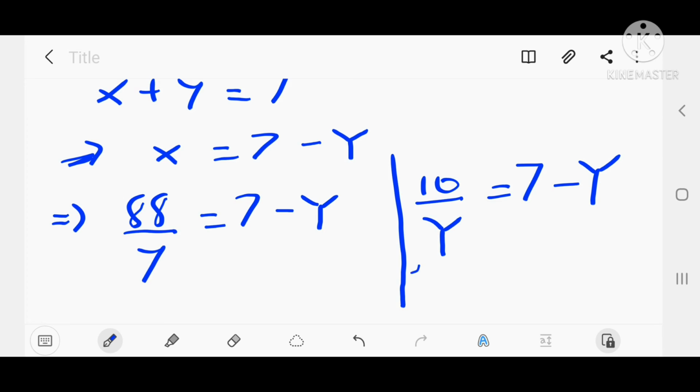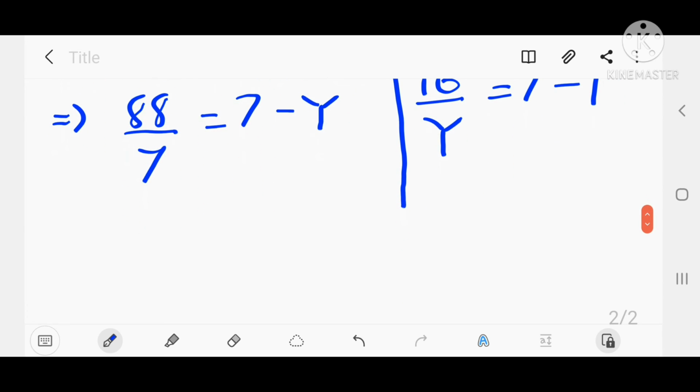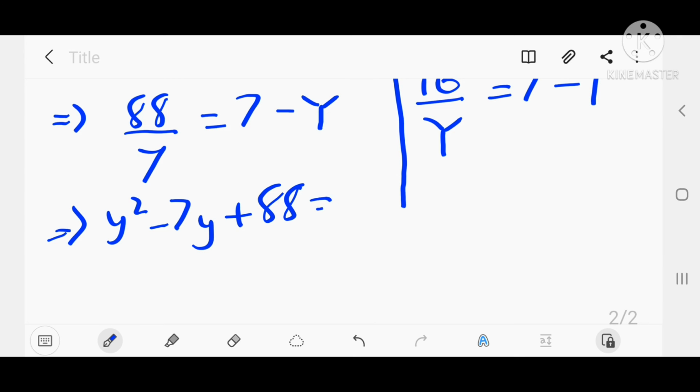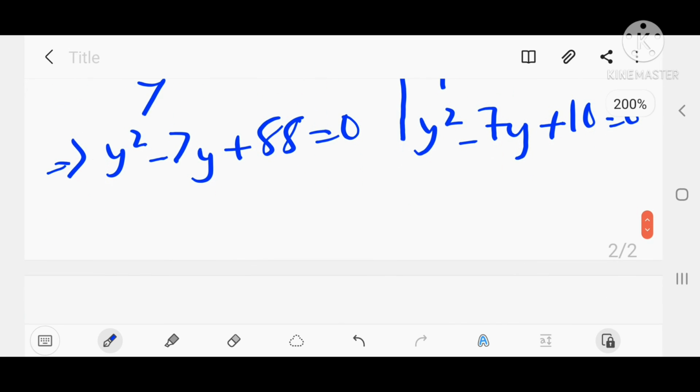For further simplification, we have y squared minus 7y plus 88 equals 0, and y squared minus 7y plus 10 equals 0. We solve them by factorization or by the quadratic formula.